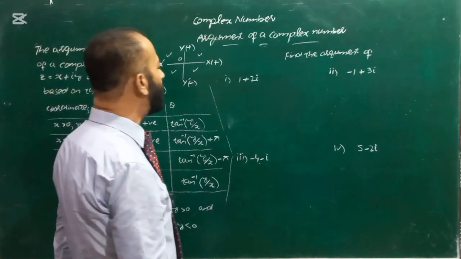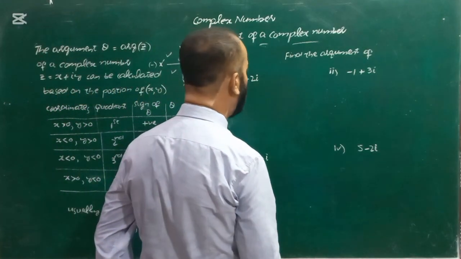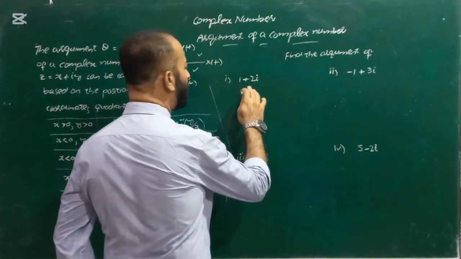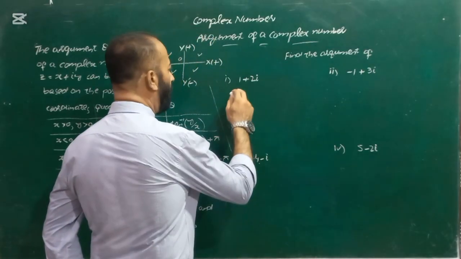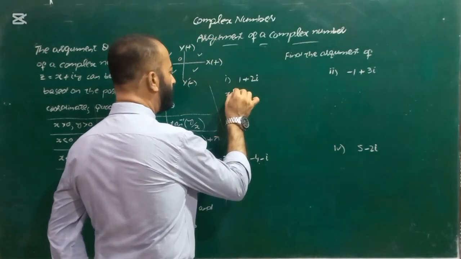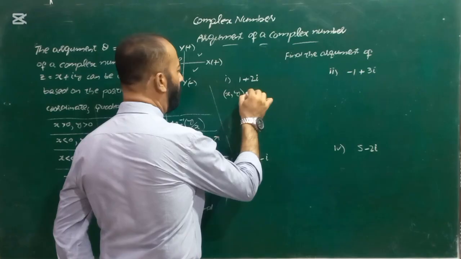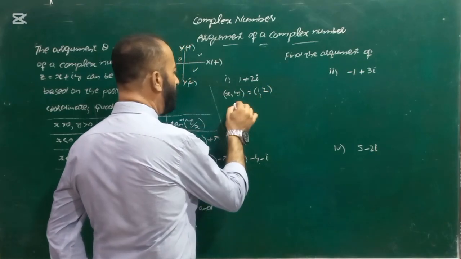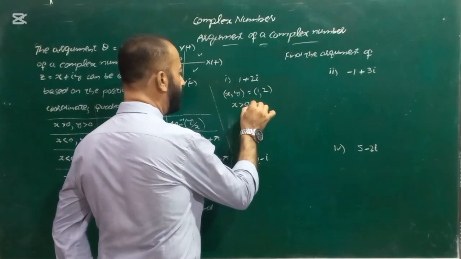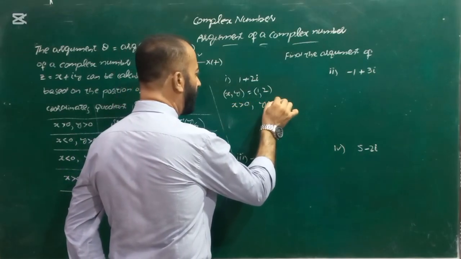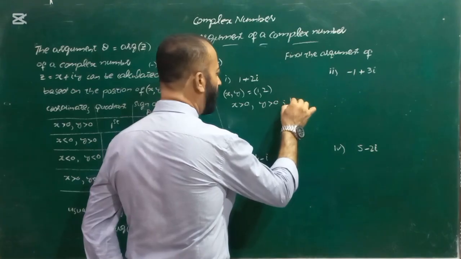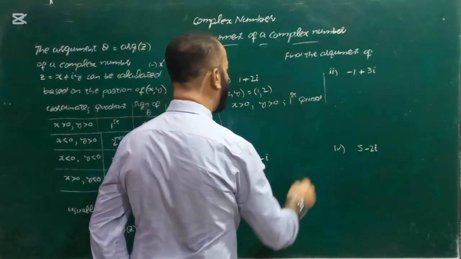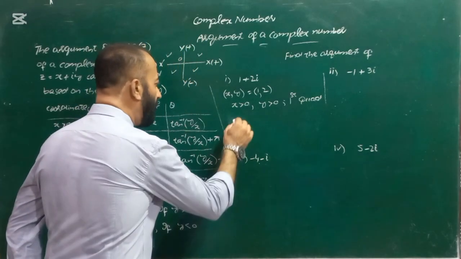And here are some questions that will make your concepts more clear. The question is, find the argument of 1 plus 2 iota. Here x and y will be 1 and 2. From here you can see x is greater than 0 and y is greater than 0, so it means first quadrant will be there, and theta will be positive.